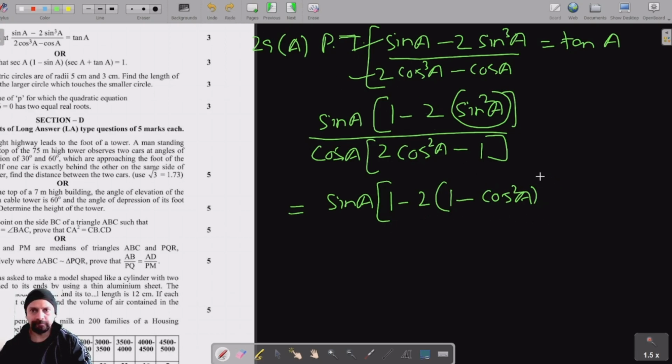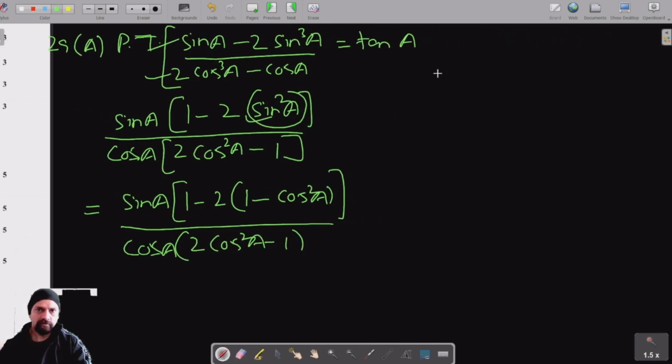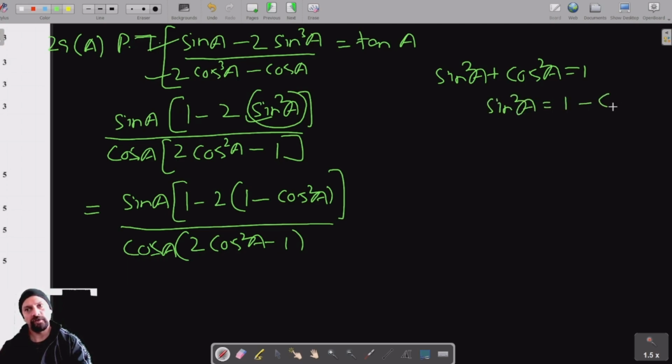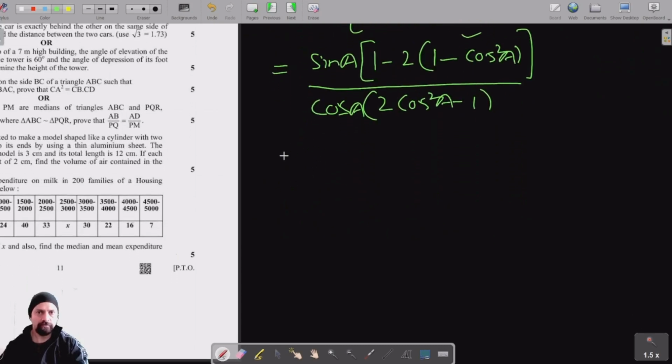Here we have used the identity: we know that sin square A plus cos square A is equal to 1, which gives us sin square A is equal to 1 minus cos square A. So we have replaced it. Now we are going to open up the bracket.